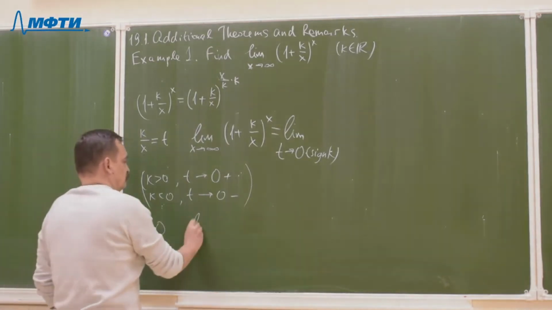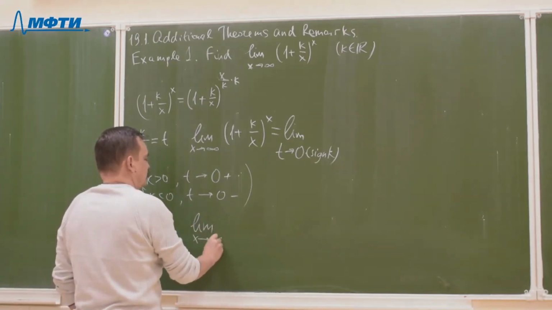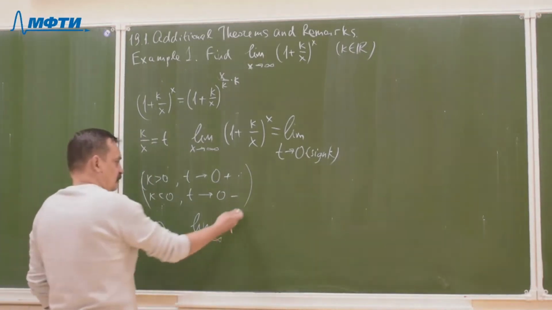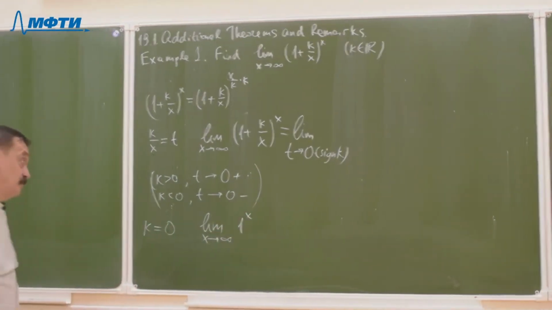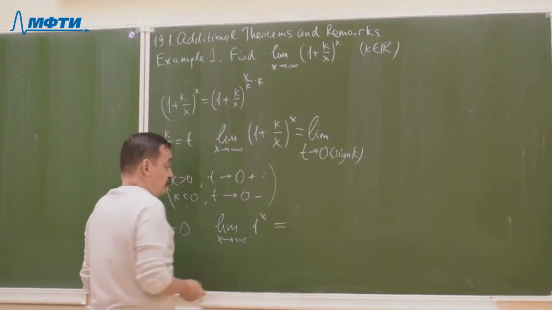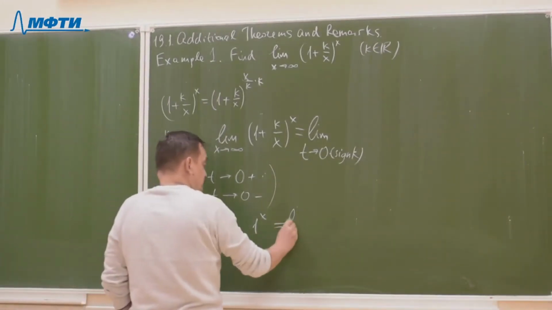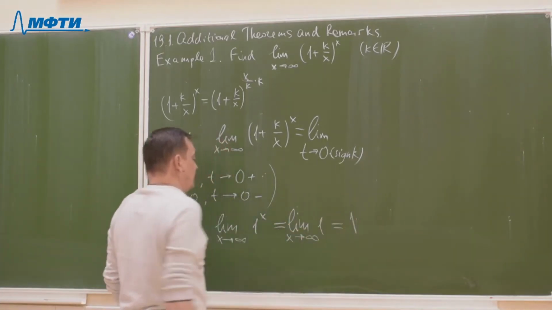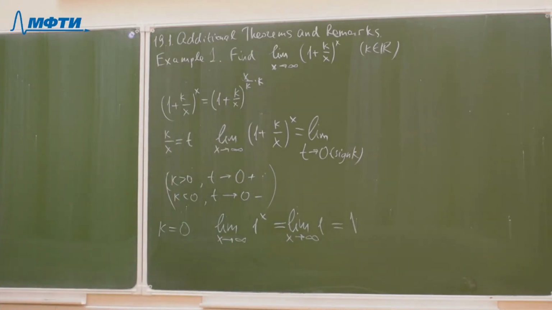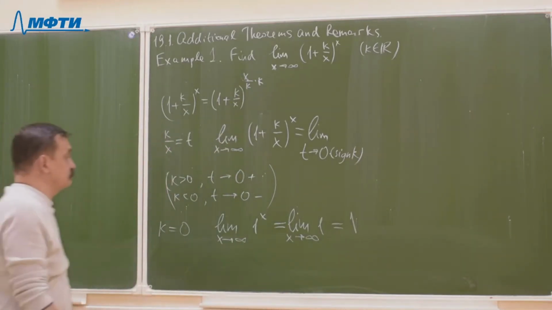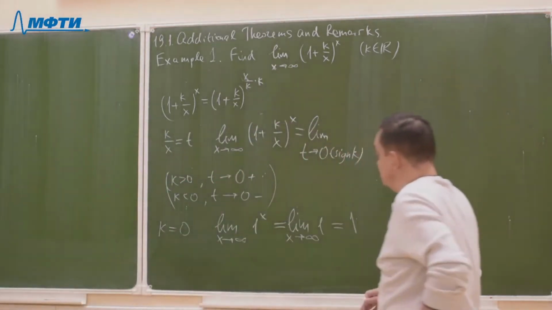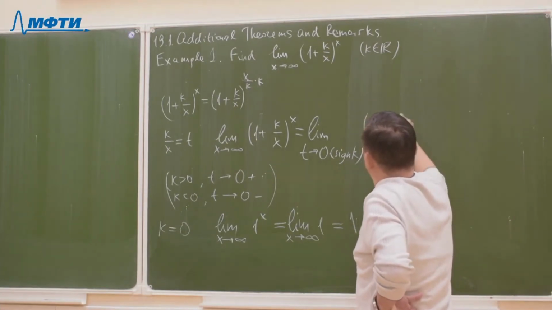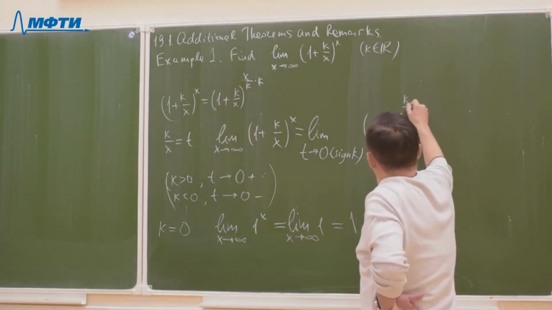In this case we have the limit of 1 power x, and 1 with an arbitrary exponent is 1, so the limit as x tends to infinity of 1 equals 1. So here k is not 0. Then one can rewrite it as (1 plus t) power k over t.